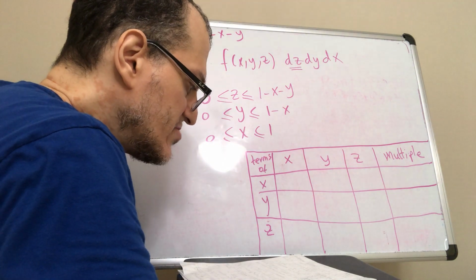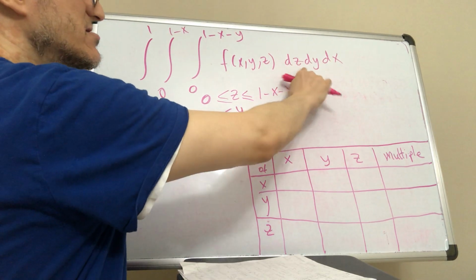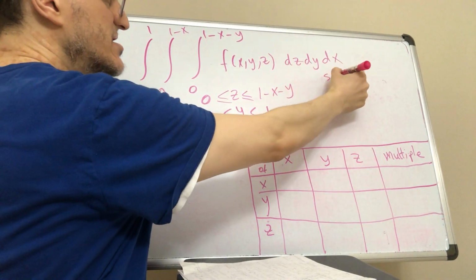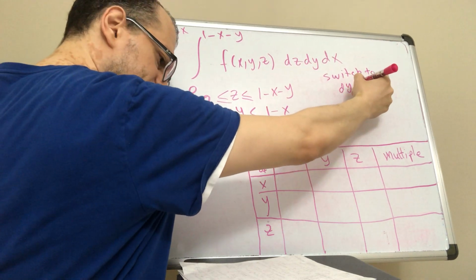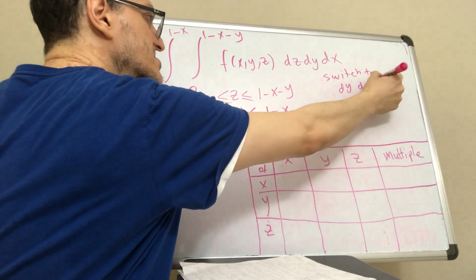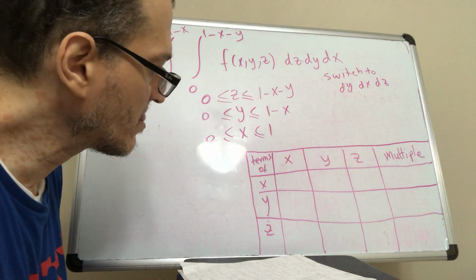The reason why I'm doing this is because the question was, the integral is dz, dy, dx, can you switch to dy, dx, dz? There will be a question in the exam asking you to switch.